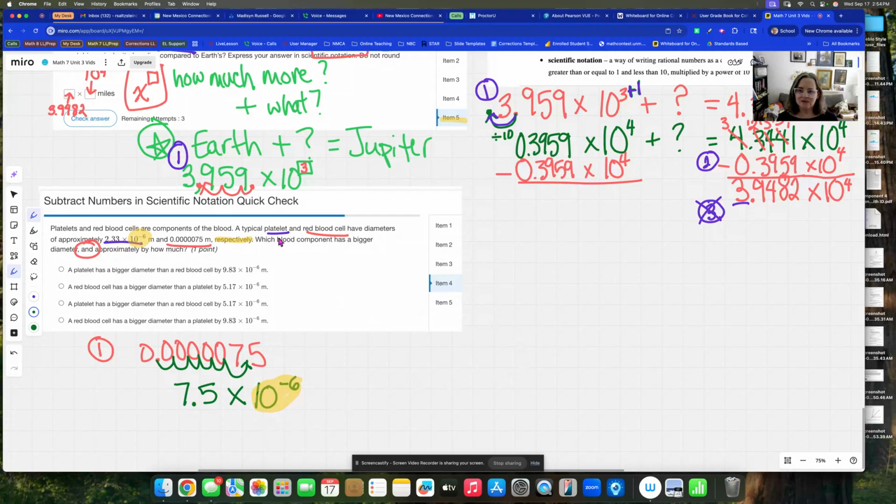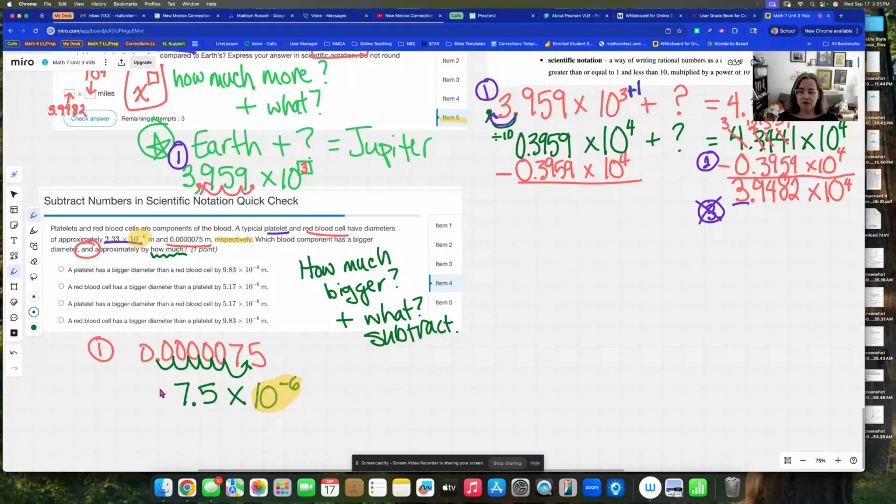So now what we're asking: which component has a bigger diameter, and by how much? So we're asking how much bigger. How much bigger means plus what? And if you don't know how much you're adding, you're going to subtract to figure it out.